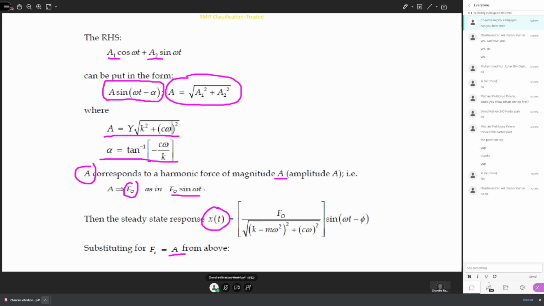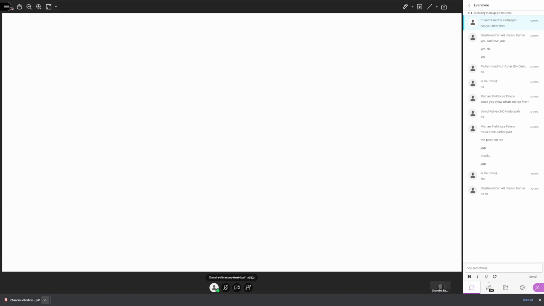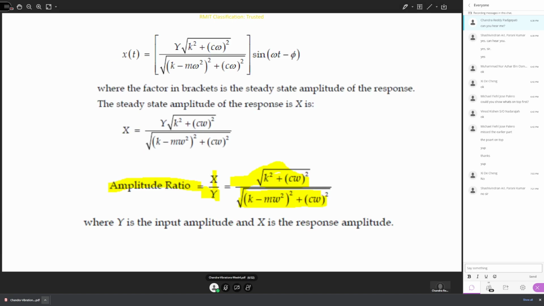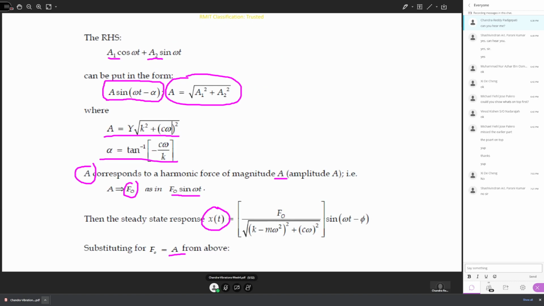So this is from session 3 where we have seen for the damped and forced vibration, the response of the system. Okay, so now replacing the force F naught with A. F naught is A, so A is this Y into square root of k square plus c omega square.